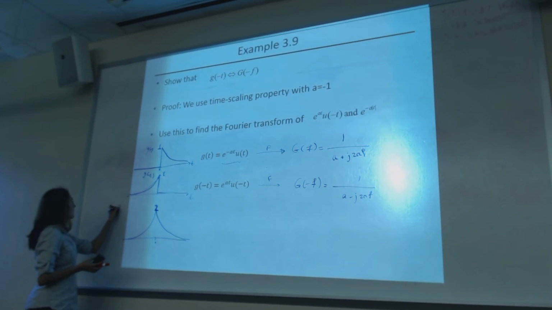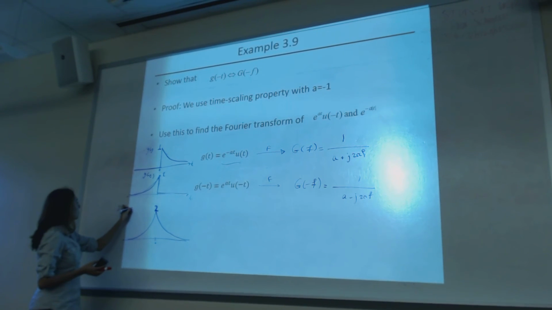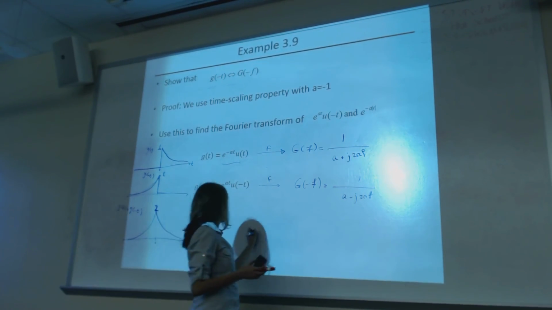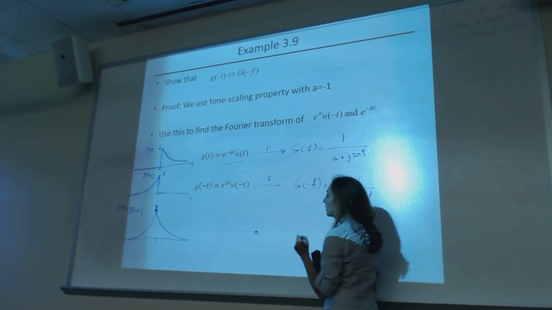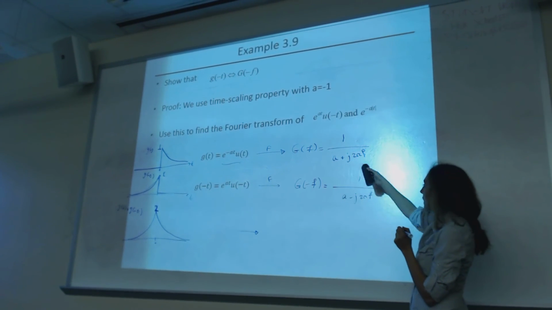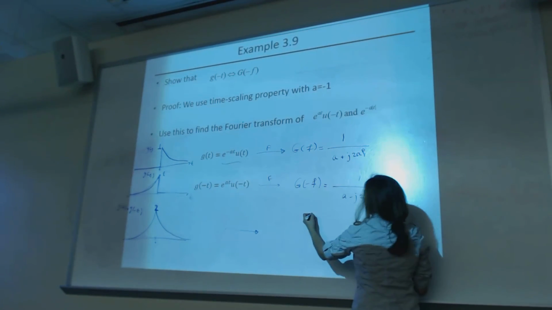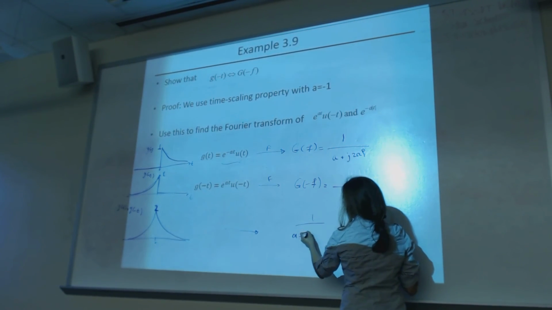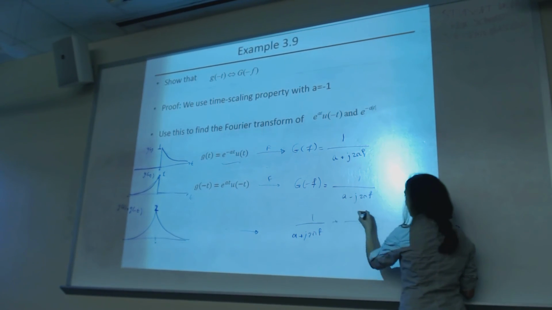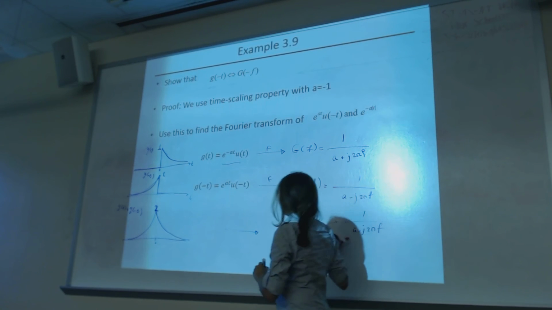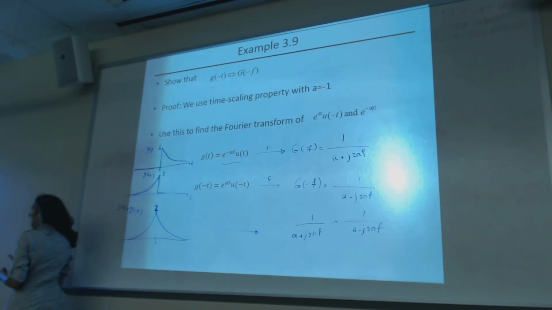This is g of t plus g of minus t. What does linearity tell you? If I add two signals in time, what happens to the Fourier transform? It adds again. So this is the Fourier transform for this signal.